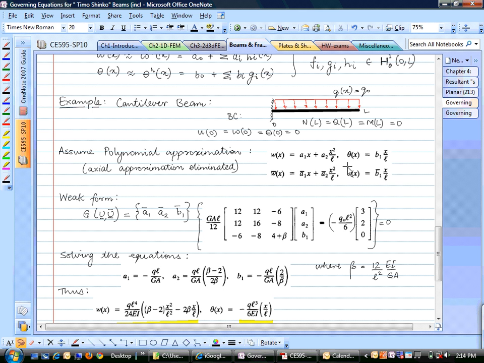Otherwise, you get what is called locking, meaning that if you choose the same order polynomial for both w and theta, your deformation might not be equal to or close to what you should get from the exact solution. Can anybody take a guess for why we are choosing w 1 order higher than theta?